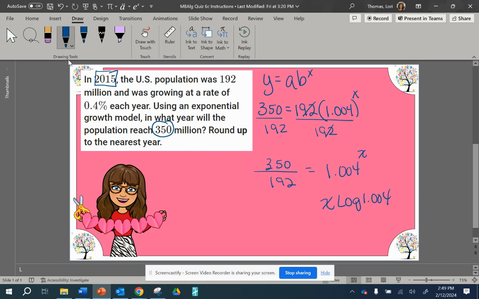And since we took the log of the right side, we have to take the log of the left side to keep it balanced. Now we need to isolate x, so we divide both sides by log 1.004.